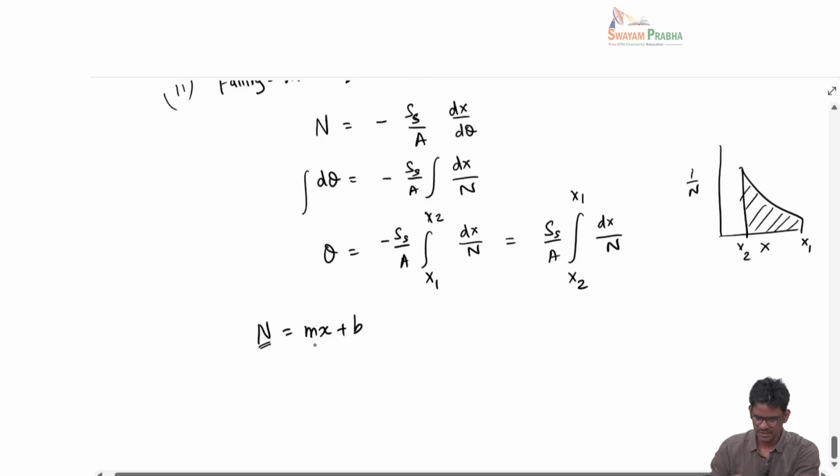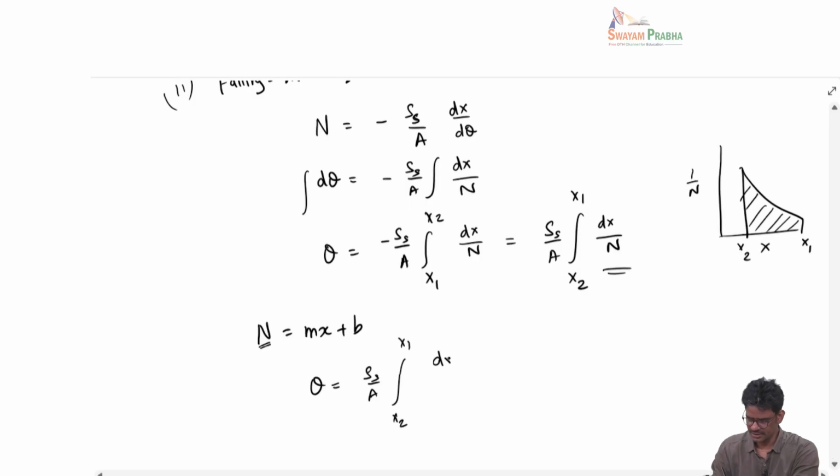And so now we can go back and substitute here. So we get the integral from X2 to X1 of dX by (mX plus b).